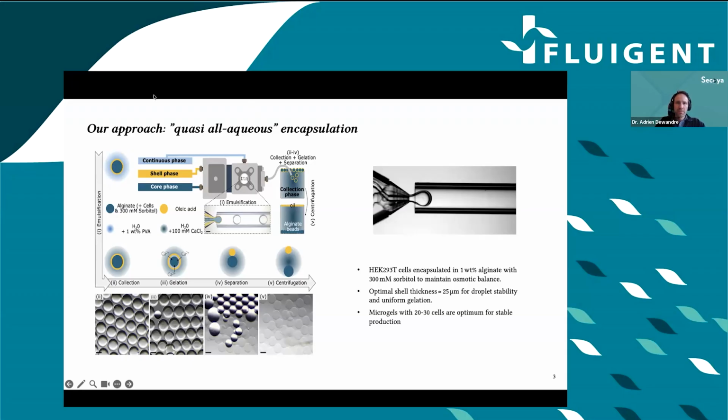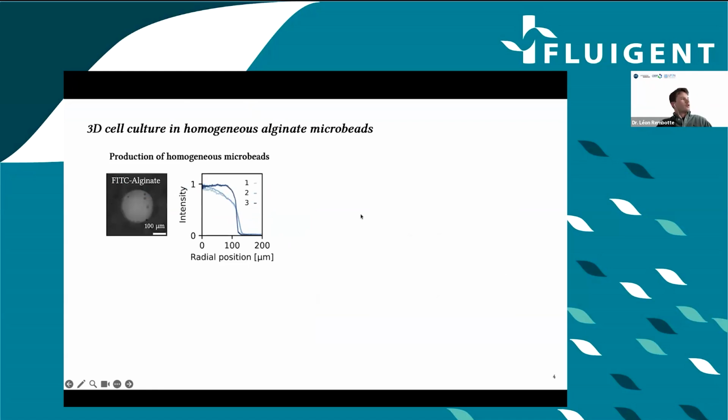Thank you. So the first argument in favor of our method is that we are able to produce very homogeneous and very monodisperse alginate microbeads. And this you can see here on this graph. If we use FITC alginate, so fluorescent alginate, this allows us to check whether the reticulation is homogeneous or heterogeneous.